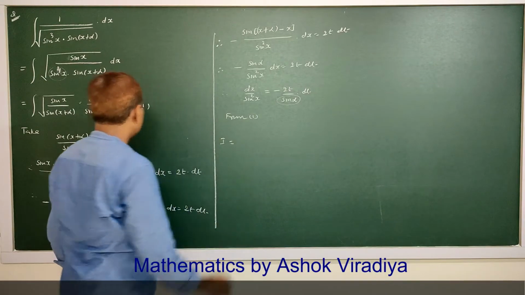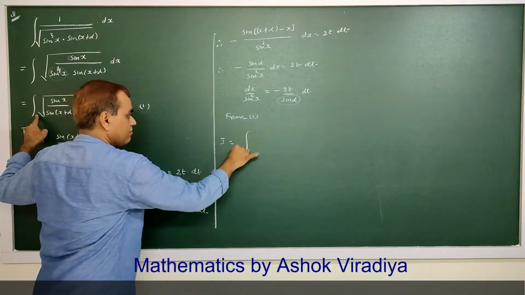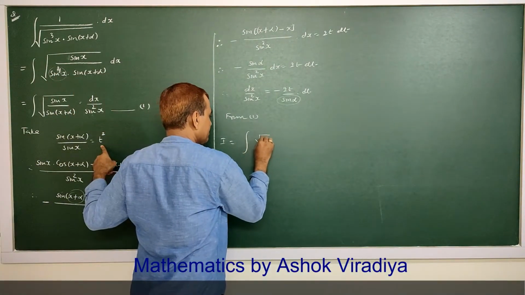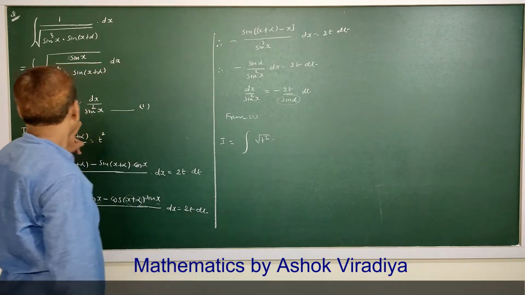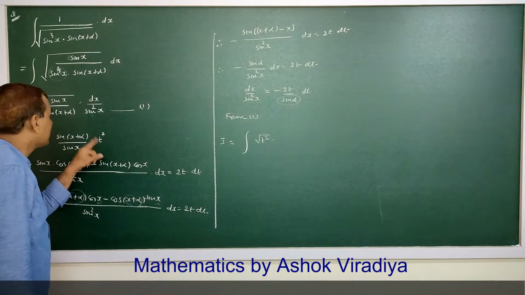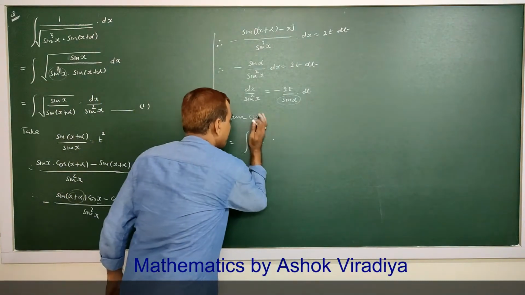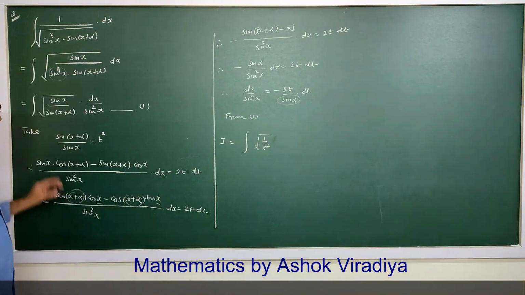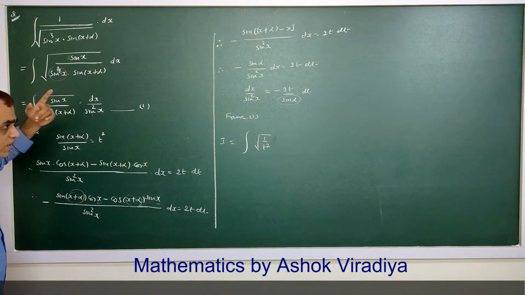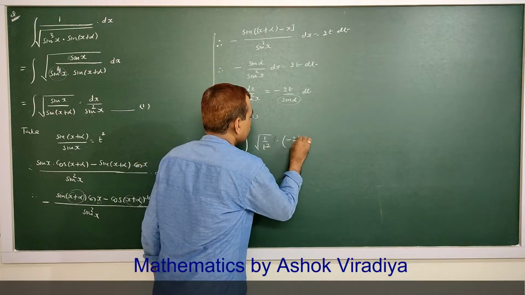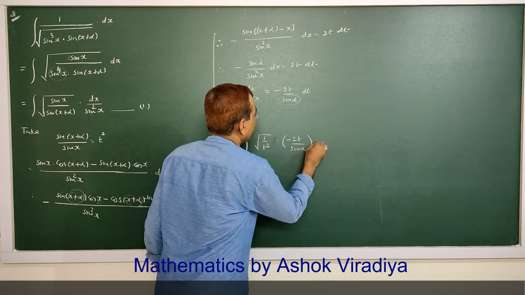From 1, the required integral is the integral of, this was t square, so root of, sorry, this is 1 by t square because its reciprocal is t square. So square root of 1 by t square, and dx by sin square x is minus 2t upon sin alpha dt.